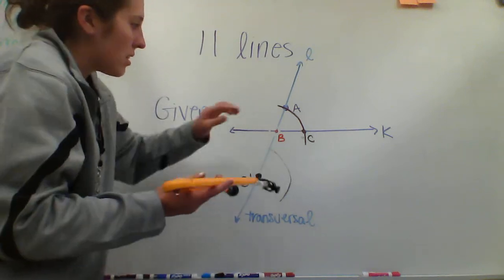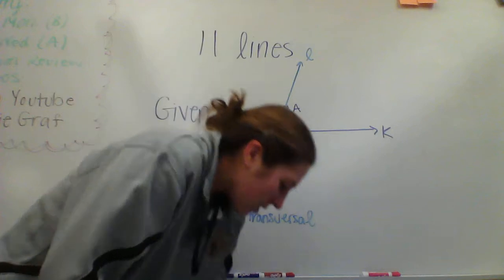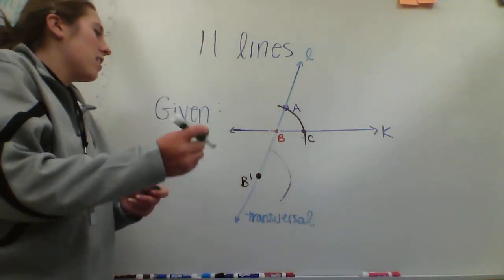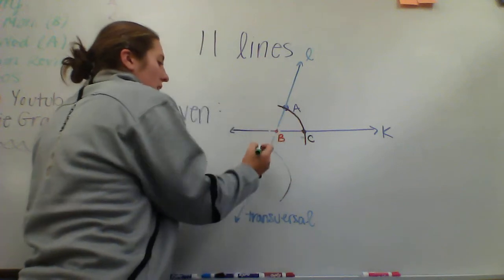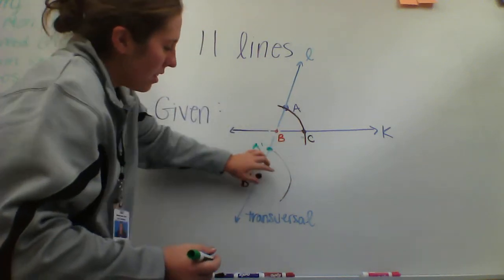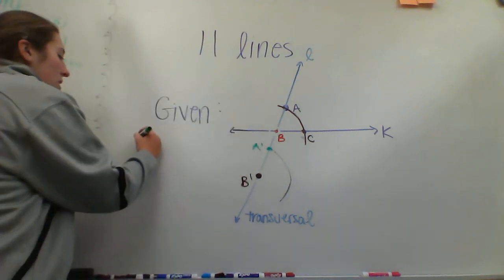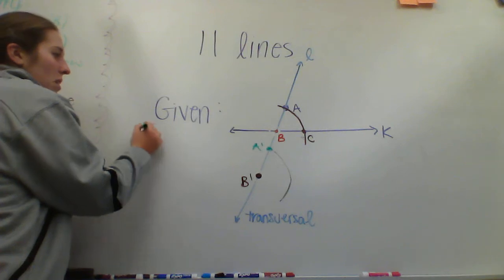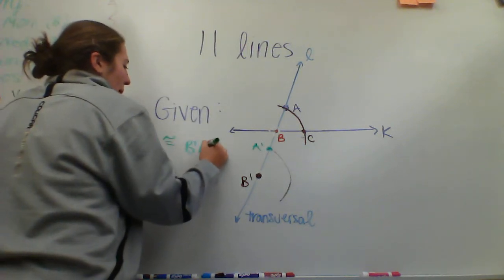That arc should be the same as this. So we now have where this arc intersected up here. This I'm going to label A prime. So the distance here from B to A prime should be the same as B to A. So one of the first things we can conclude from this is that BA is congruent to B prime A prime.